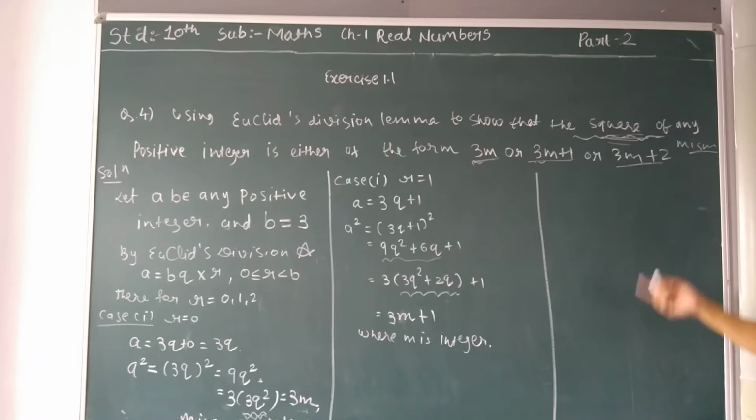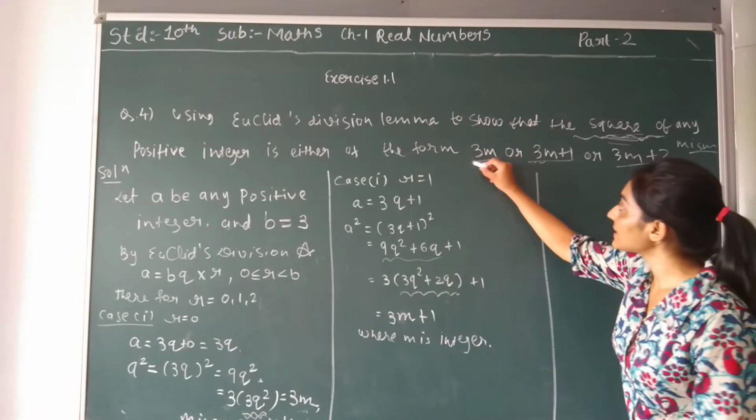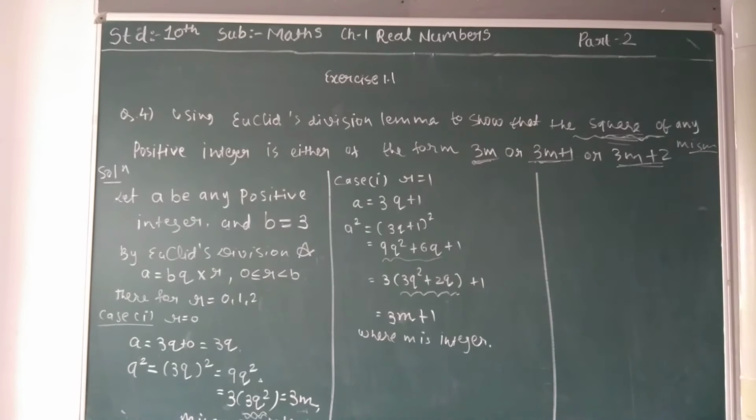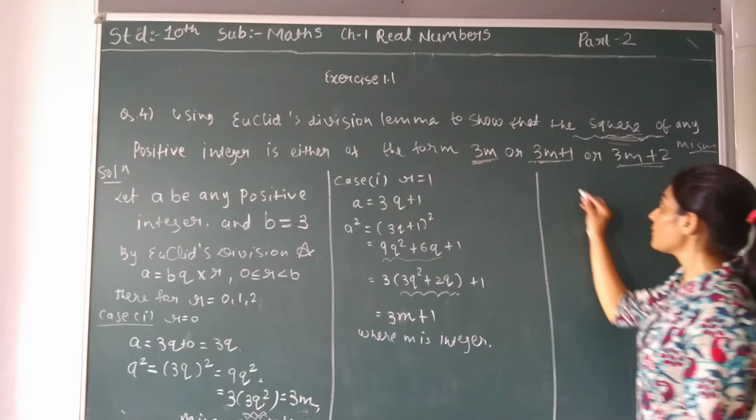So whenever I square it, I always get it in this form, or else 3n plus 2 and so on. Hence proved.